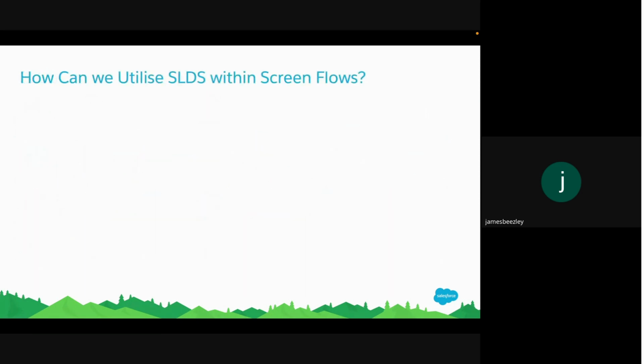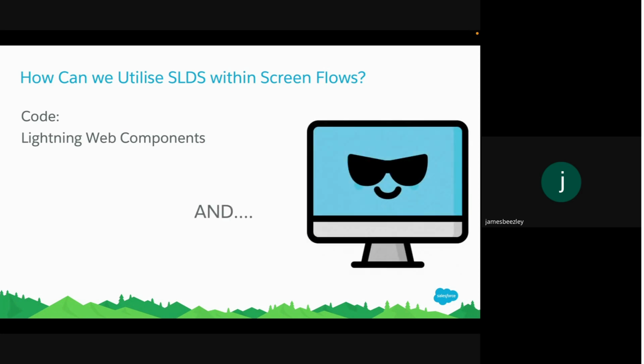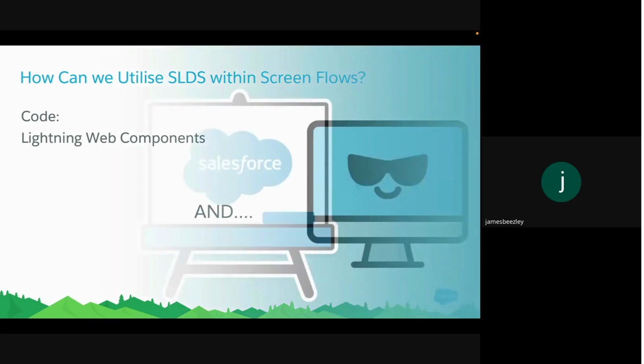So how can we use SLDS within screen flows? The classic answer is you build an LWC and you make it screen flow enabled. Then you can call upon that and it pops out. That takes time, that takes deployment, that takes more effort. Another option, which we'll do today quickly, is a fairly new trick that's been around for about a month or so on LinkedIn, where you can sneak code from SLDS into your screen flows and surface components within screen flow without having to do the traditional coded routes, which is quite fun.